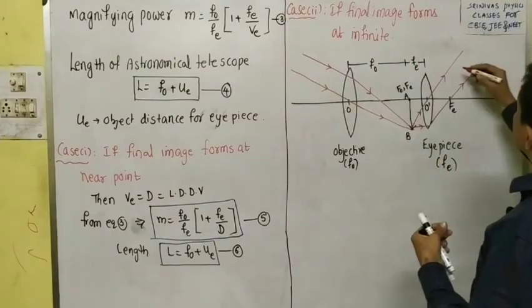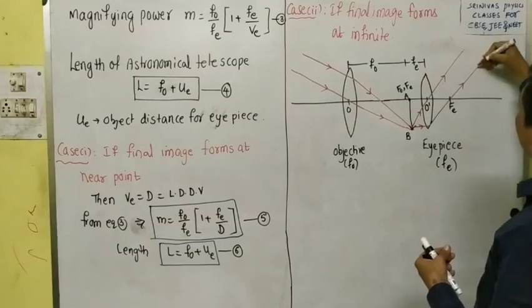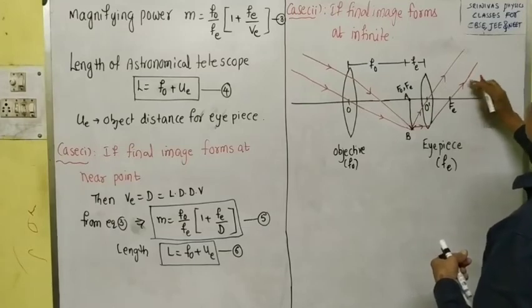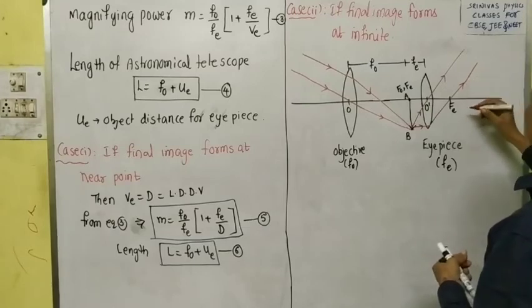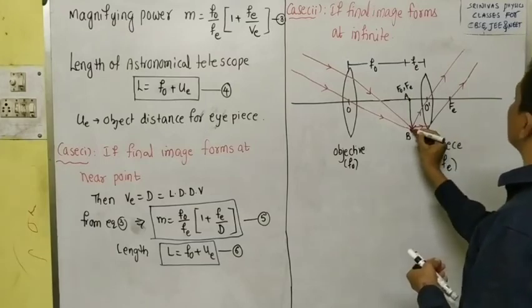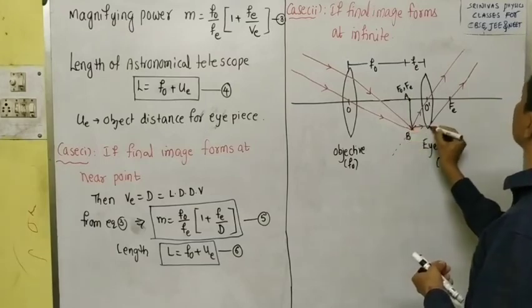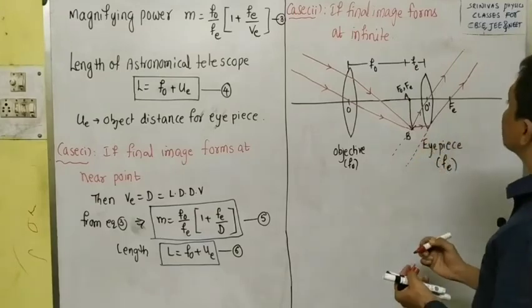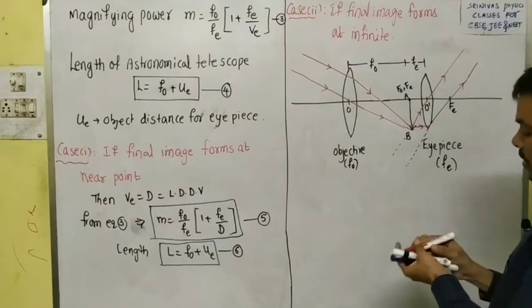You see here, these two light rays on the right side are going up to infinite distance because they are going parallel to each other. The distance between them remains constant. If the distance between them is constant, then the image forms at infinite distance. Then at that moment, what is the magnifying power?